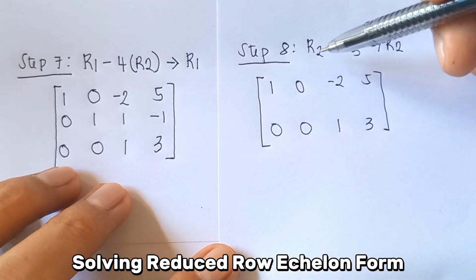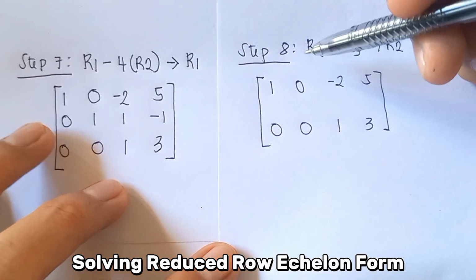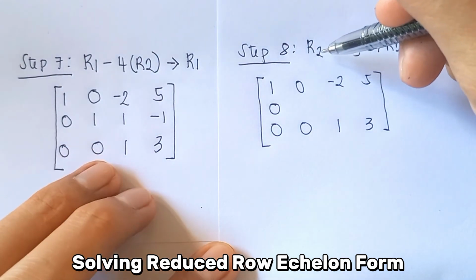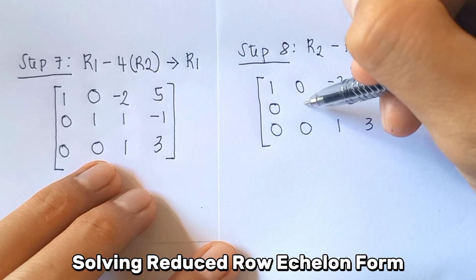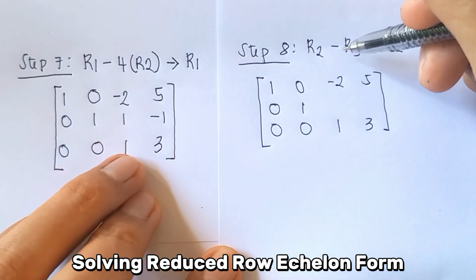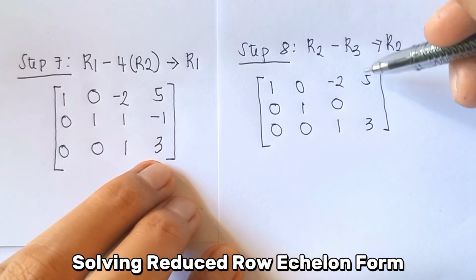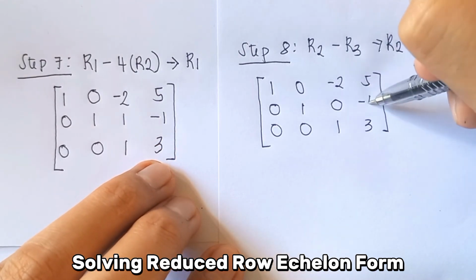Step 8: row 2 minus row 3, so we have 0 minus 0, this is 0. 1 minus 0, this is 1. 1 minus 1, this is 0. Negative 1 minus 3, this is negative 4.